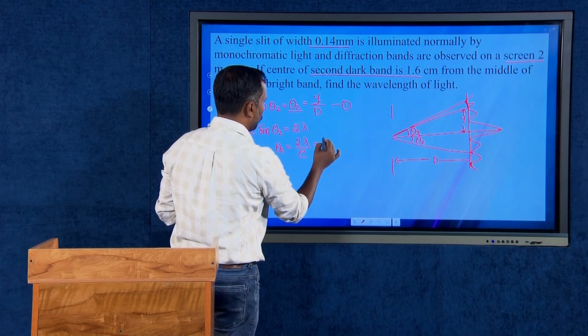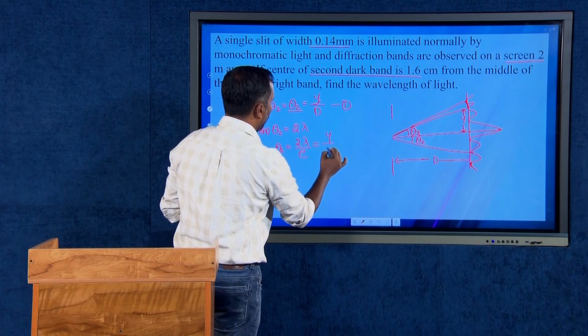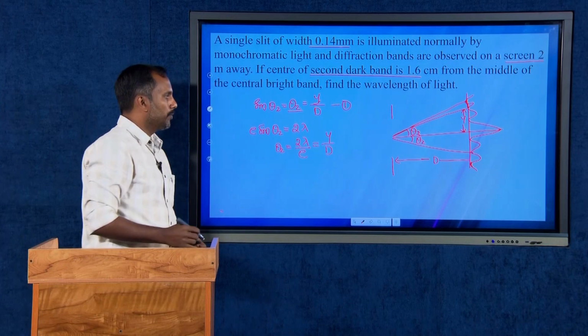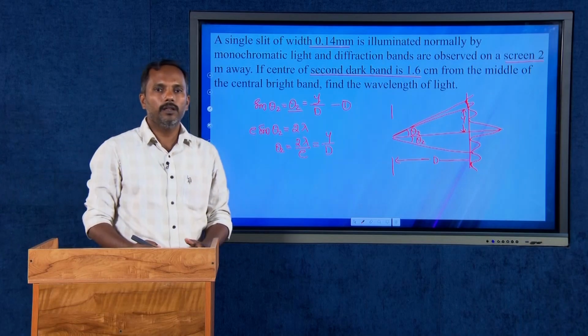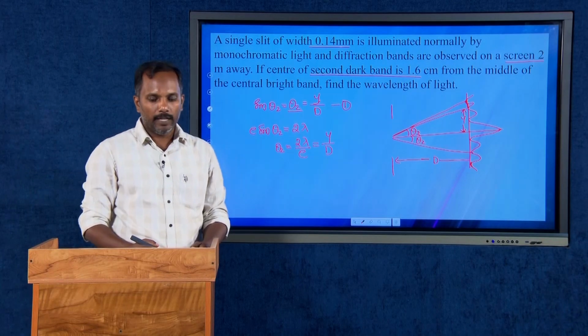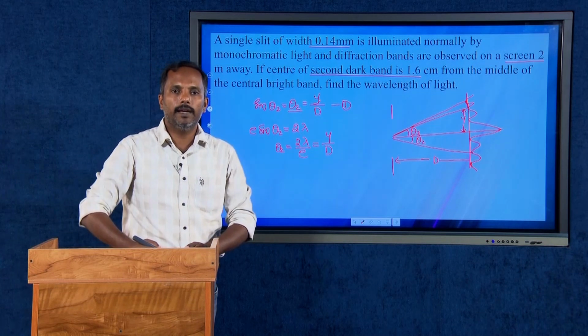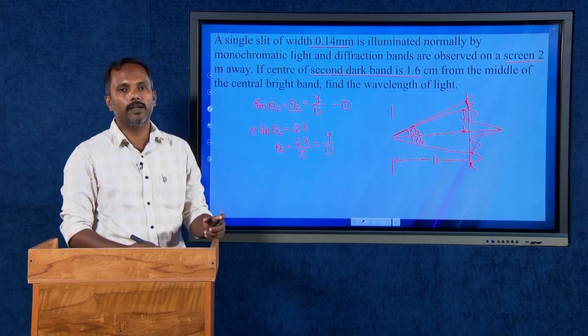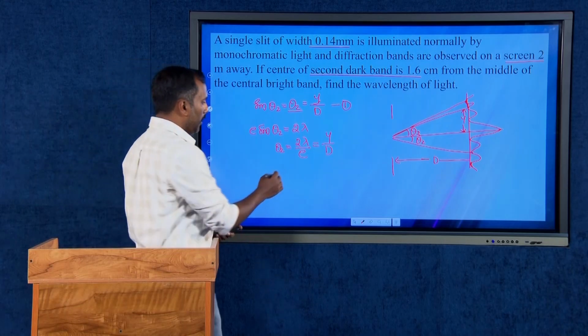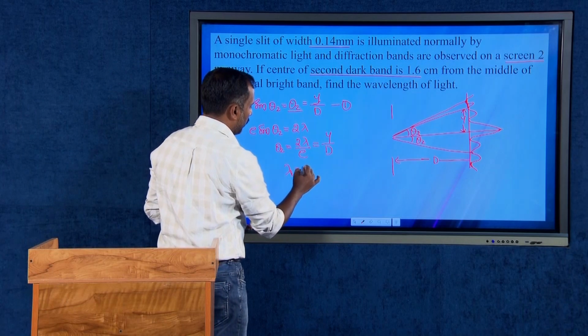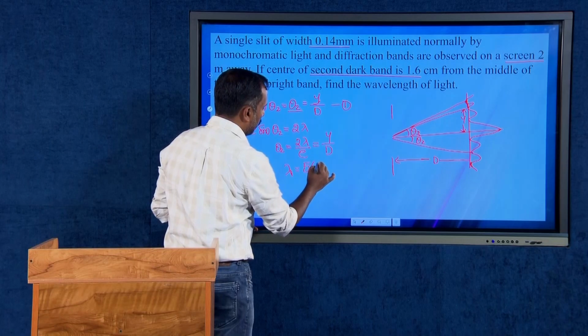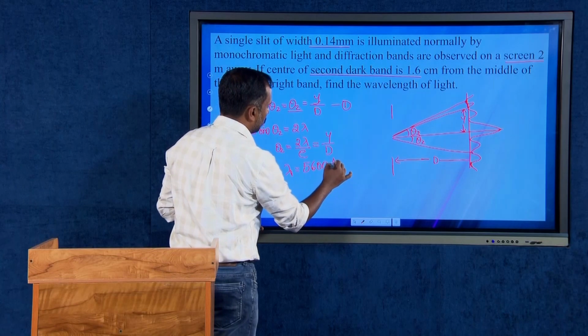Here it is also the equation for theta 2, so we have y by d. So, 2 lambda divided by e is equal to y by d, and if you substitute the values of y, d and e, which are all given in this particular case, you will be getting the wavelength lambda as somewhat 5600 angstrom.